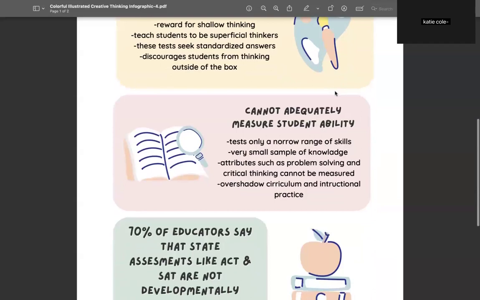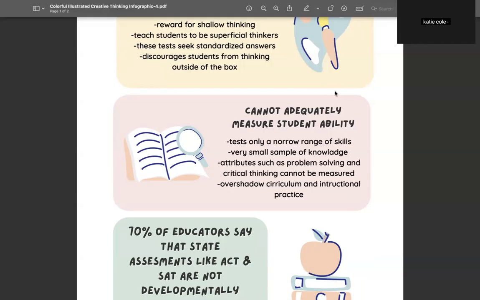Second way I found these tests can negatively affect students is that these tests cannot adequately measure student ability. So these tests only test a narrow range of skills, and they use a very small sample of knowledge of the total things that students learn throughout school.